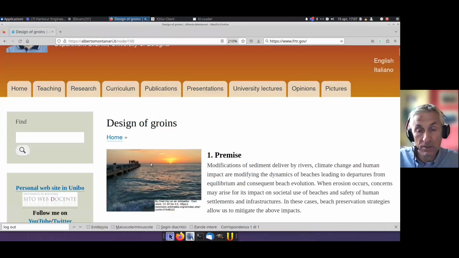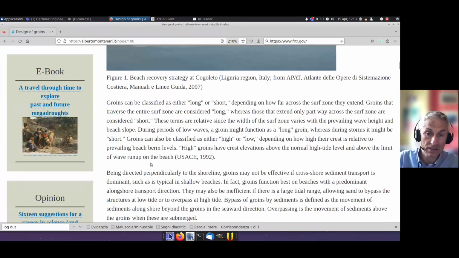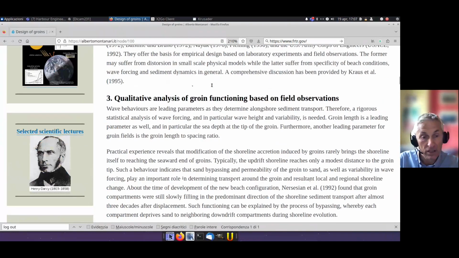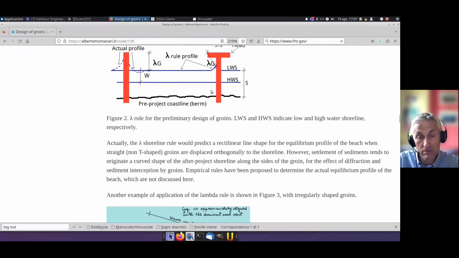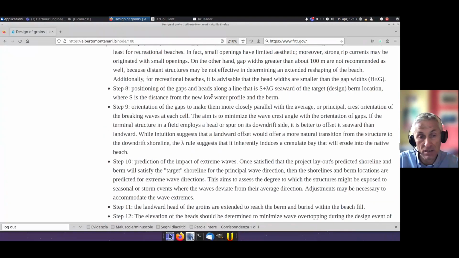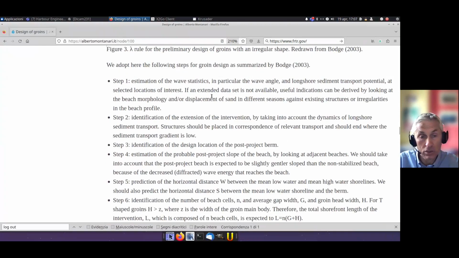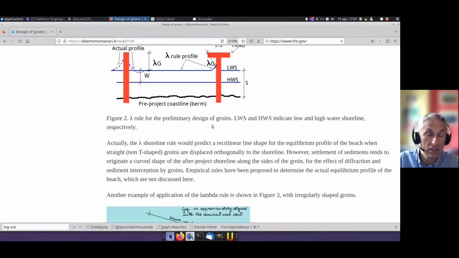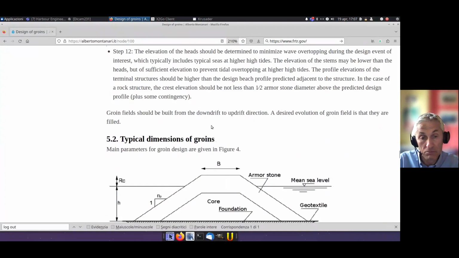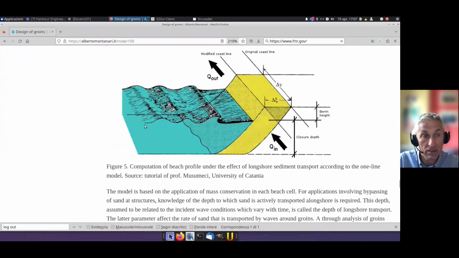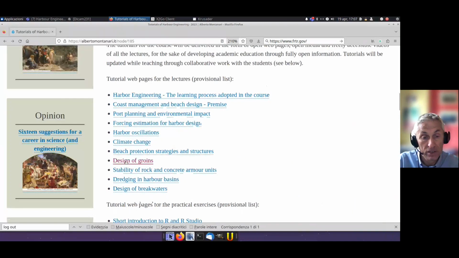Design of groins, the lambda rule, yes, this is something that is frequently asked, and also typical sizes for groins. This is something that can be asked. How to displace groins, the spacing between them, and typical dimensions, as I said, and that's it.